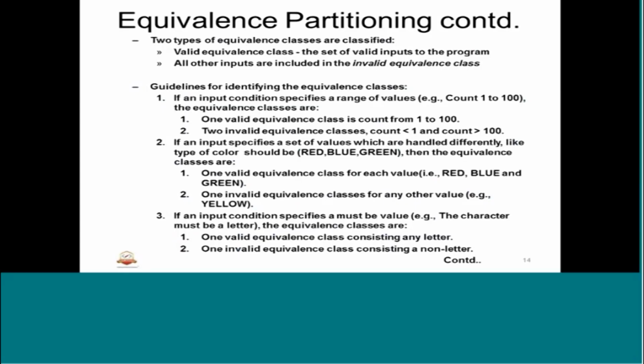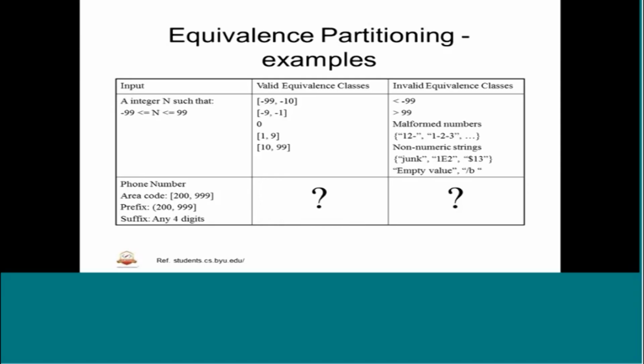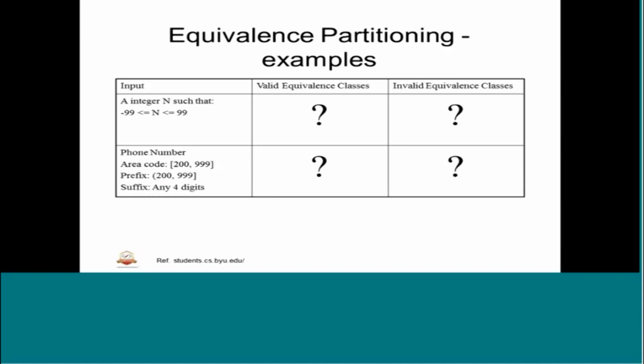Also we went through a few good examples in terms of integer. Then we defined two partitions, valid and invalid. We are going to identify and differentiate all these test cases under this partition.